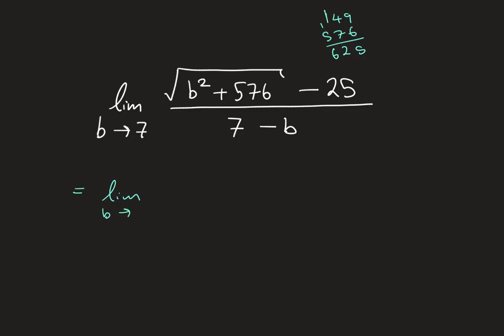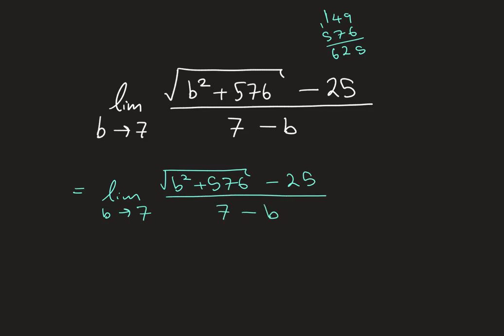So let's go with the limit as b approaches 7 of the square root of b squared plus 576 minus 25, all divided by 7 minus b, but now I'm going to multiply by 1. Okay, what version of 1? This version of 1.